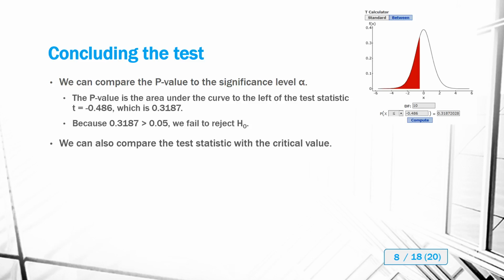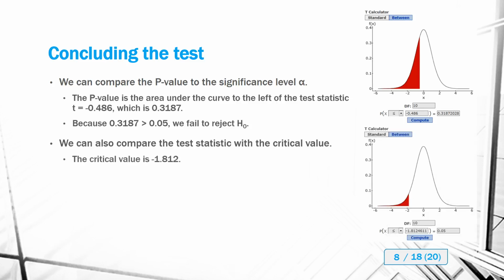Now we can also compare the test statistic with the critical value. So if I find what my critical value is by putting in the significance level for my area, then that critical region is going to be bounded by the critical value, which we find is negative 1.812. I can also get the same critical value if I use a table.